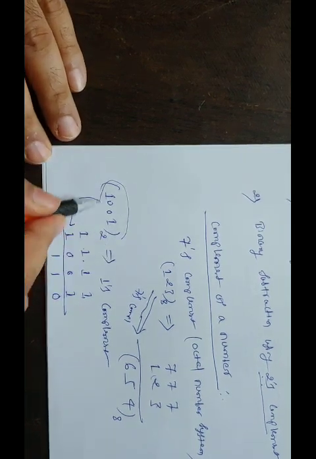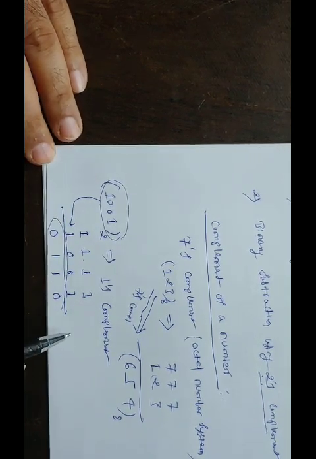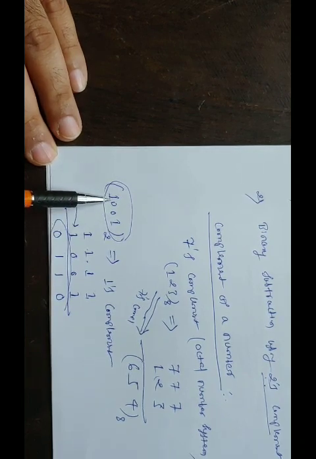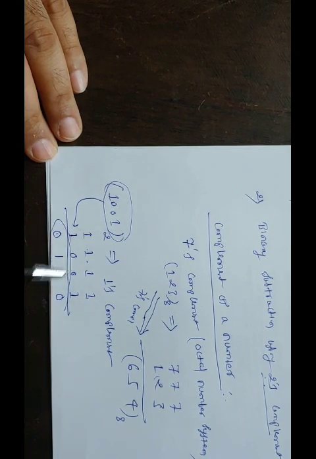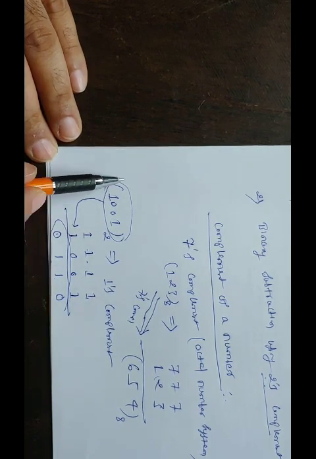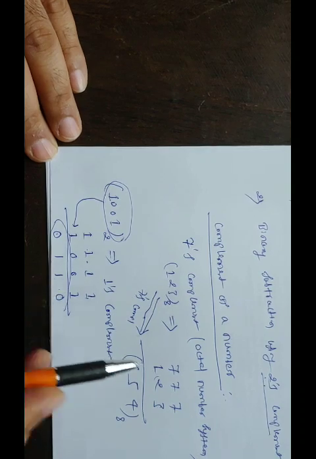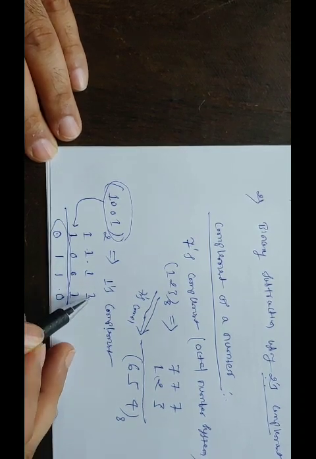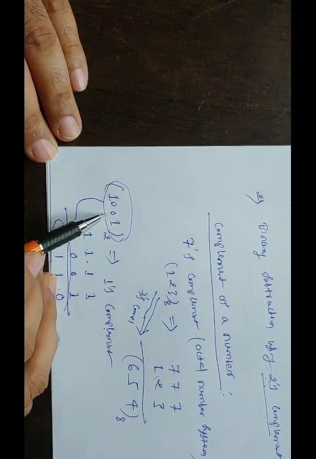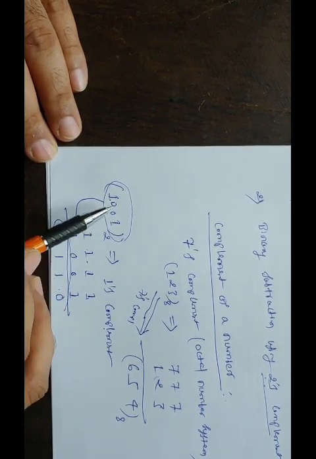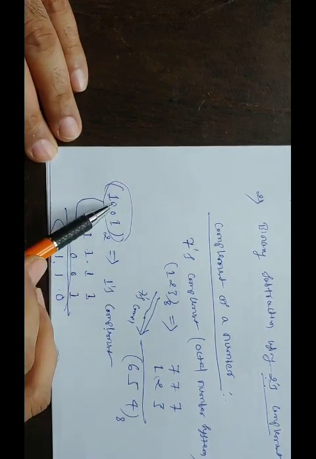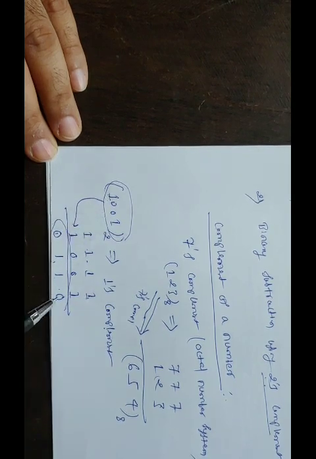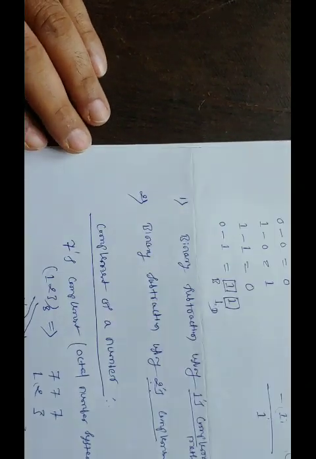Look at this and this: wherever 1 is there, if I replace it with 0, and wherever 0 is there I replace it with 1, then I am getting the 1's complement. This is what we do in the usual method, but the actual definition of 1's complement is that you subtract each digit from 1. Since only 2 digits are there, wherever 1 is there you get 0, wherever 0 is there you get 1. Hence, replacing 1s by 0s and 0s by 1s, we get the 1's complement.